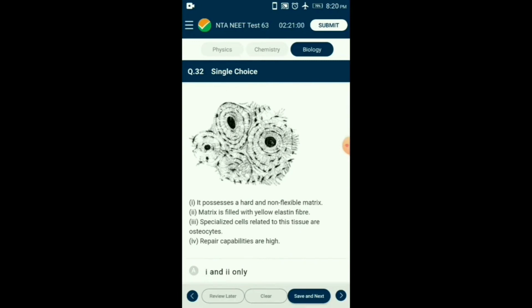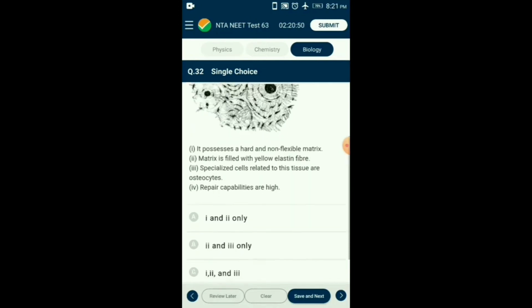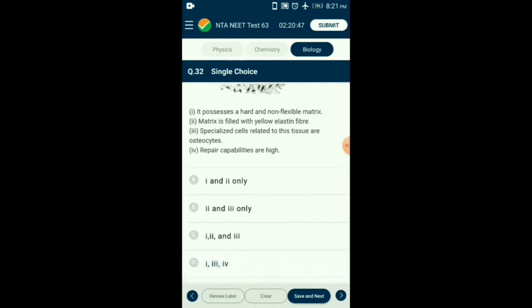The presence of a larger amount of inorganic salts in the matrix of bone makes it non-flexible. So from the given 4 statements, the correct option is option D. First, third and fourth statements are correct.